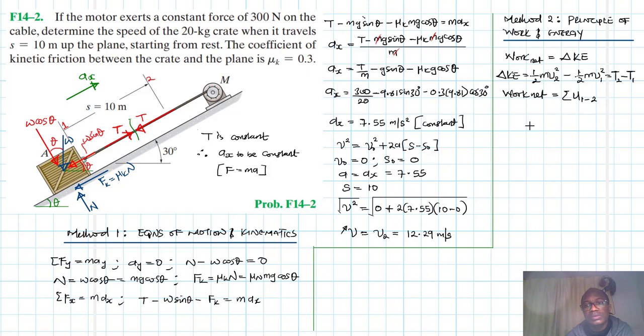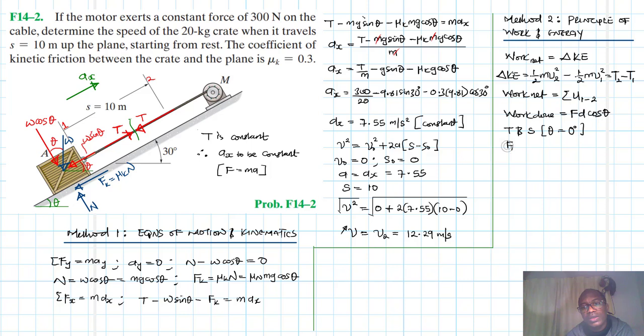And work done is equal to the force times the displacement times the cosine theta between the two vectors, that is, the force itself and the displacement. For T and s, theta is equal to 0 degrees.